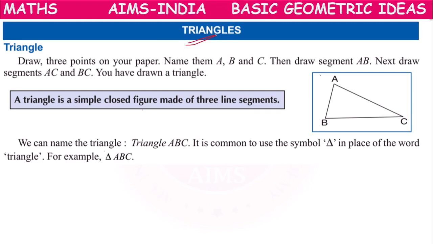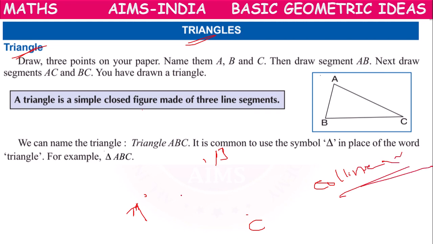Next we have the triangle. Triangle means if you draw 3 points on a paper which are not collinear, meaning not lying on the same line, like this A, B, C, 3 points lying on the same line.